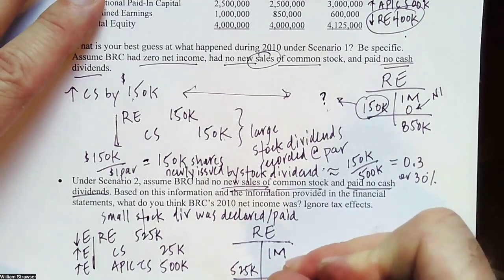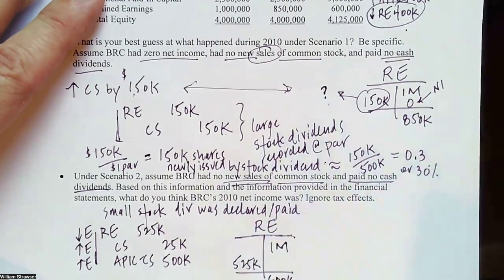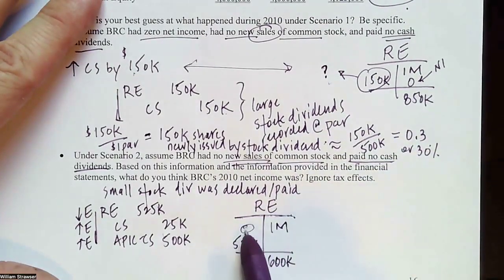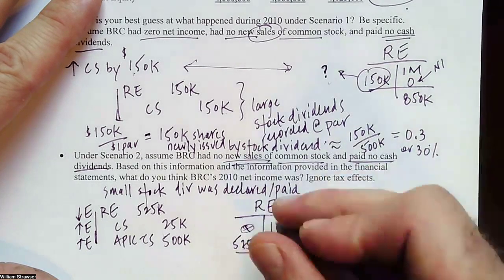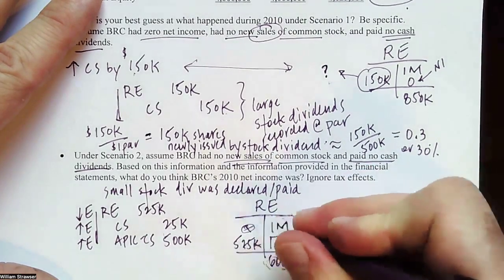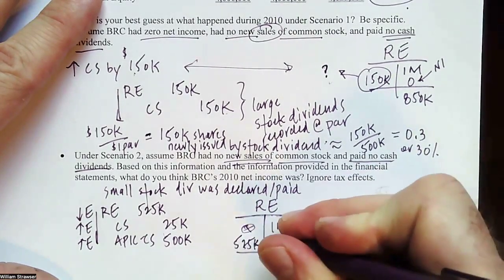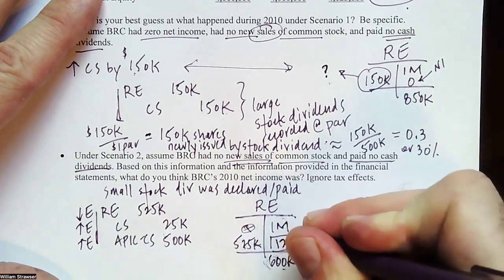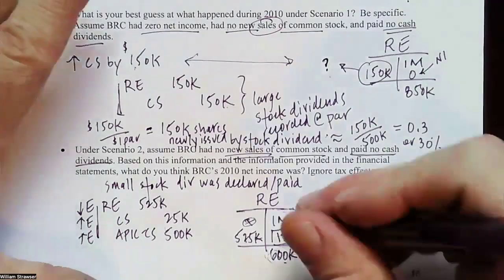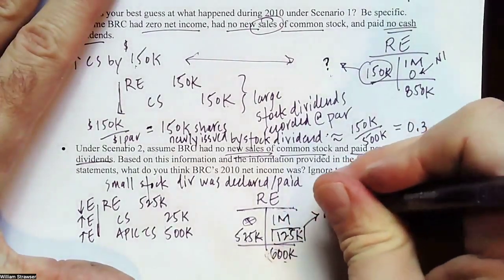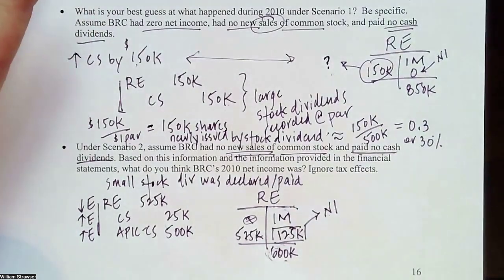And we know this doesn't work. We know that there were no other cash dividends paid, so nothing can really happen here. If we just took a million and reduced it by 525,000, that would give me 475, which isn't this. In order to get to that, I would have had to increase my retained earnings account by 125,000 through some means, right? In this case, this is my net income. And that's what we were looking for.